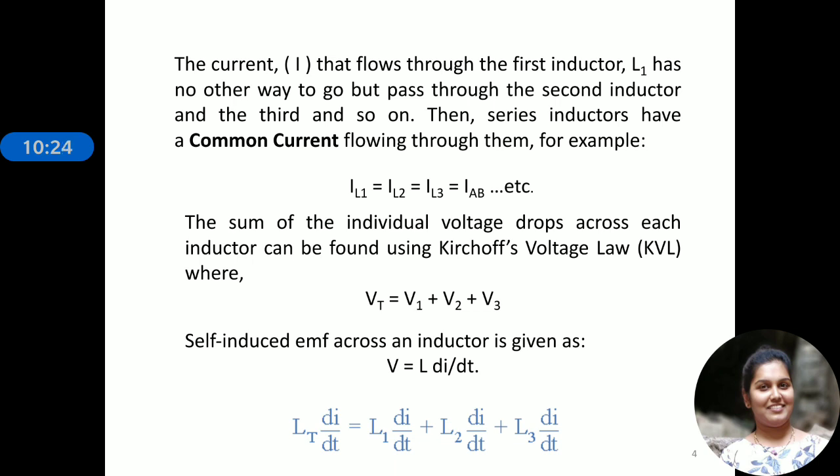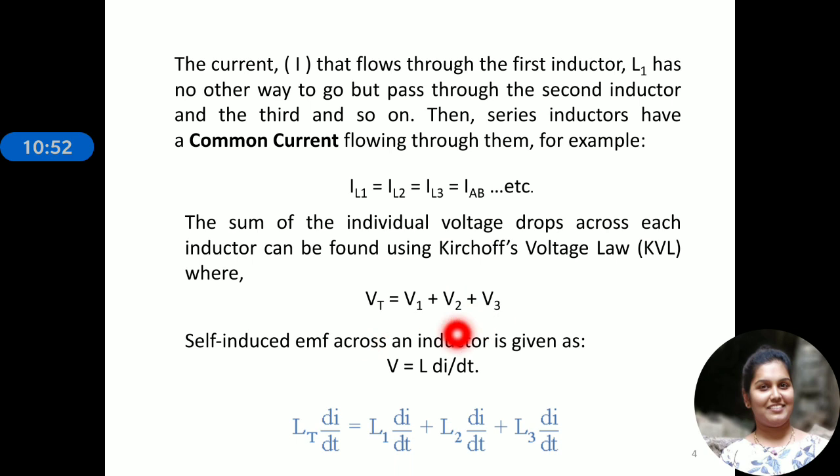Now we can write V as L di by dt. By taking the values of the individual voltage drops across each inductor in our example, the total inductance of the series combination can be found by substituting the values of V1, V2, V3 and Vt in this expression.